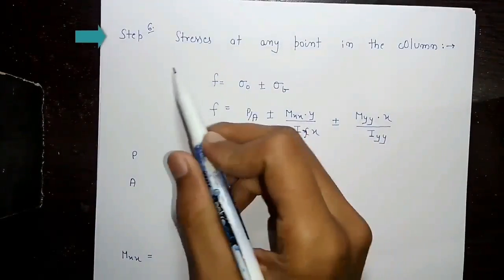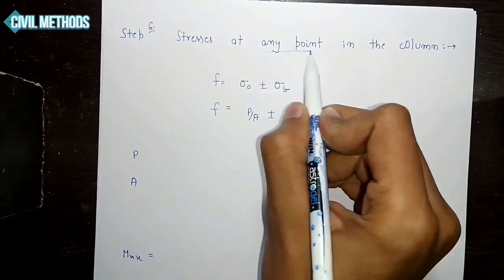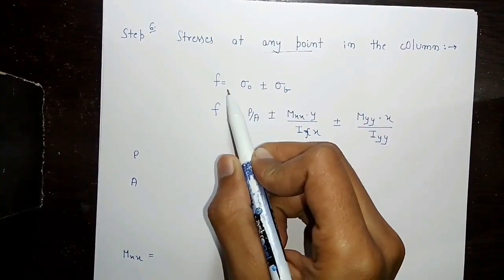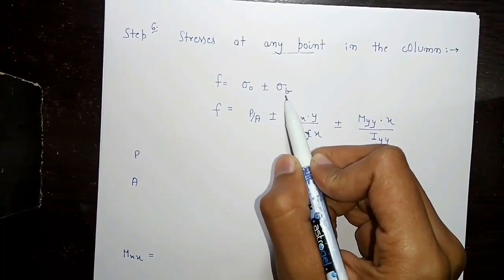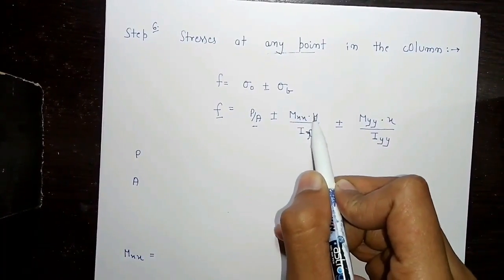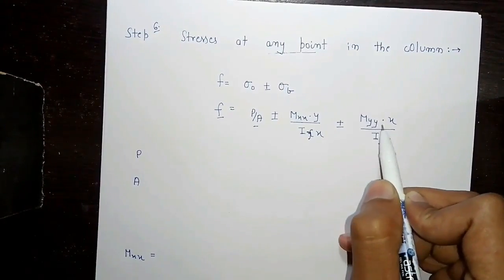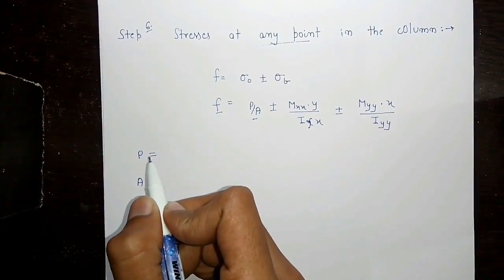Now step 6, stresses at any point in the column. f is equal to sigma naught, direct stress, plus or minus bending stresses sigma b. f is equal to P by A plus or minus Mxx dot y divided by Ixx plus Myy dot x divided by Iyy. P is equal to the total loading.